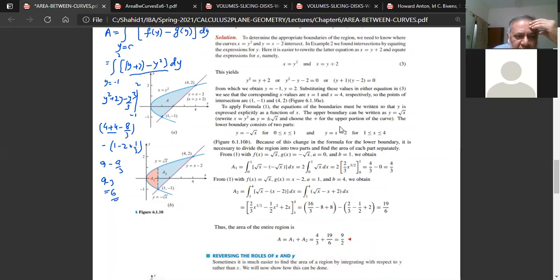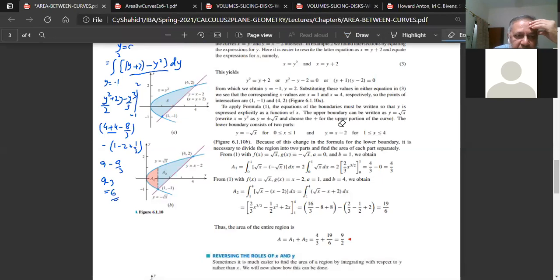The integral of y is y squared upon 2. Because it is y squared upon 2, this will be 4 by 2, that is 2. This will become 6.